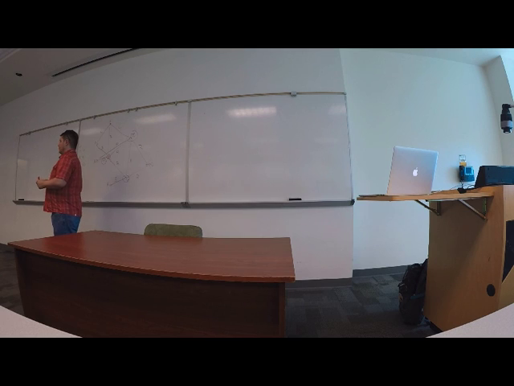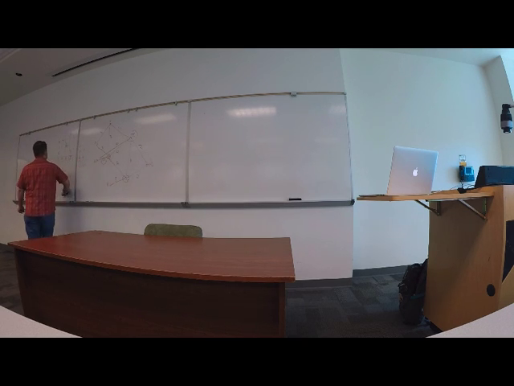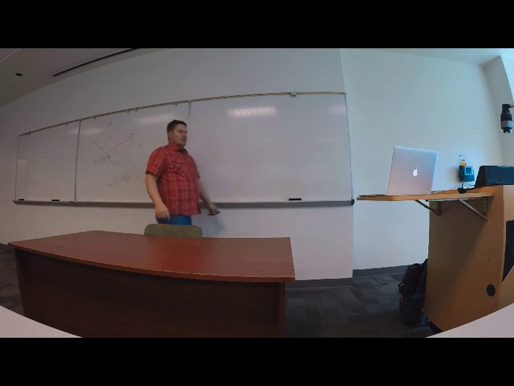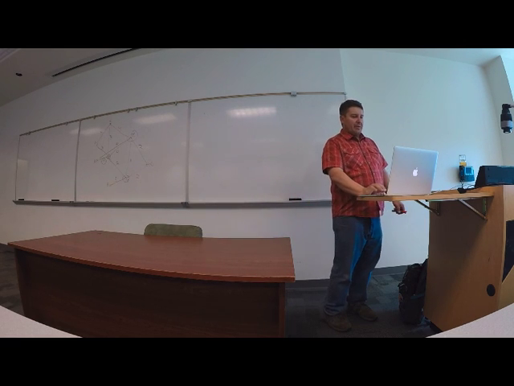So, let's move on to a different one. I'm going to make a simpler network for this, because otherwise we'll spend this class and the next class doing this. Let's make a very simple network. So this is called Dijkstra's algorithm.